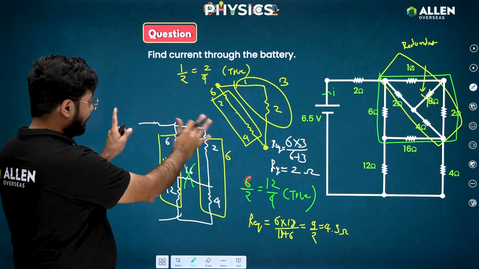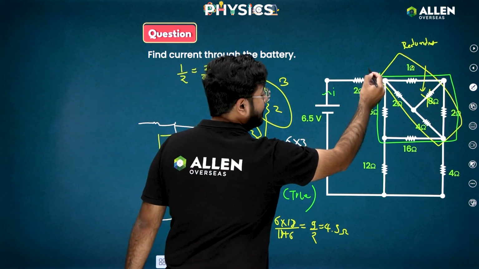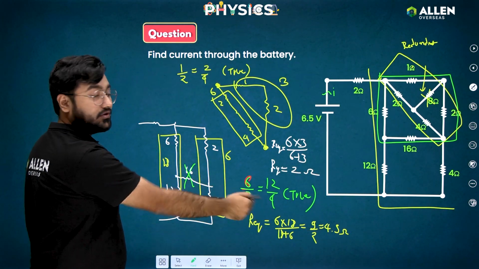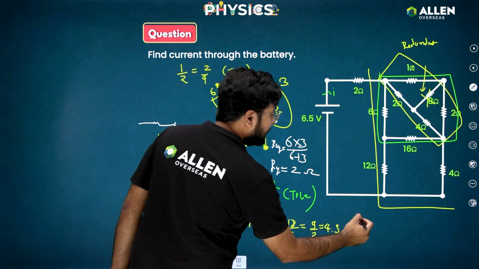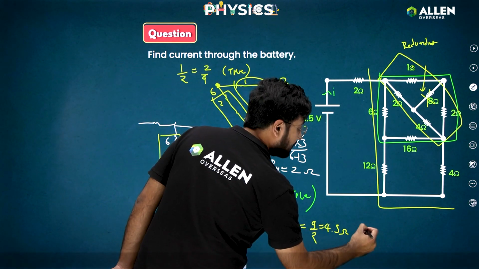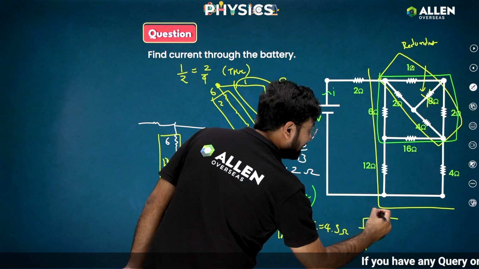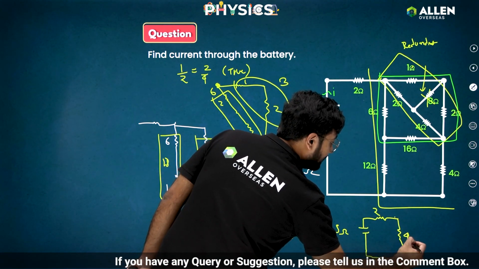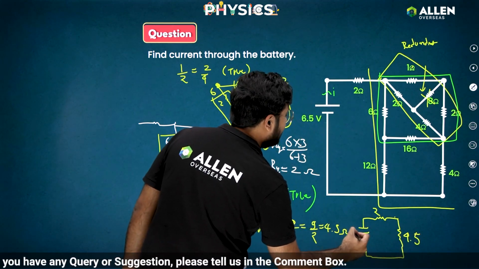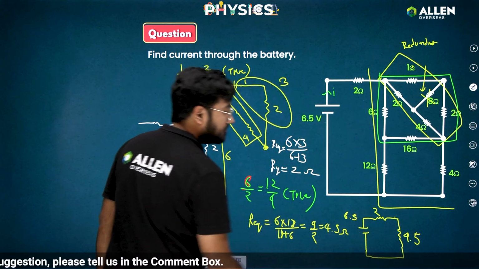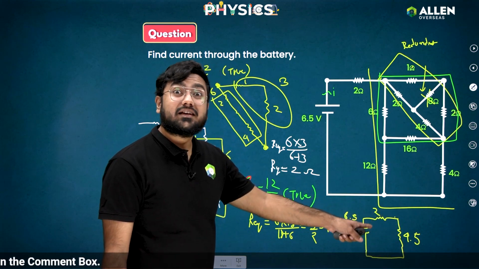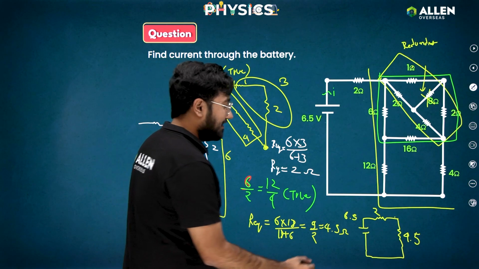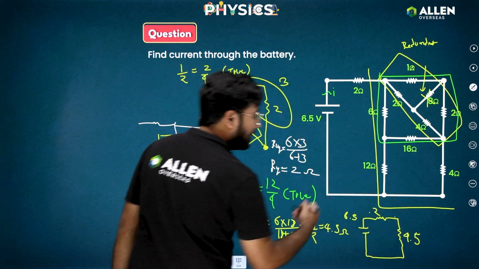So now this complete circuit is 4.5. This tiny little circuit you can solve quite easily. 4.5 plus 2 are in series, so the net resistance will be 6.5.